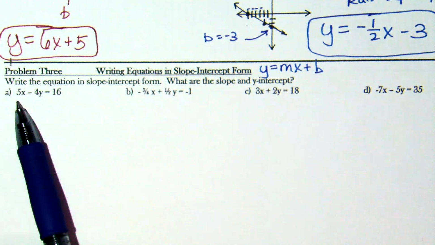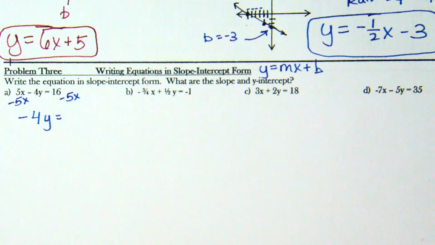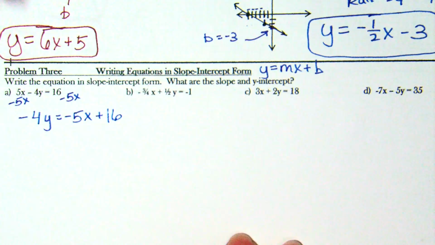So I have negative 4y equals 16 minus 5x. I'm also trying to get us prepared for slope-intercept, which means I personally like to flip them and put the x first. So if I put the x first, what comes first? Negative 5x plus 16. Okay? Now what do I do to get y by itself?